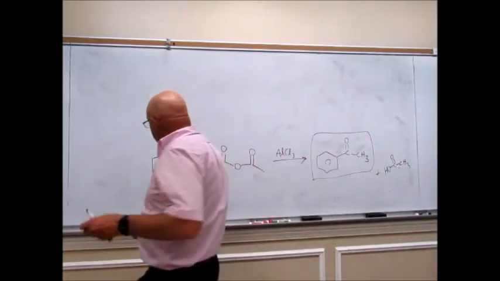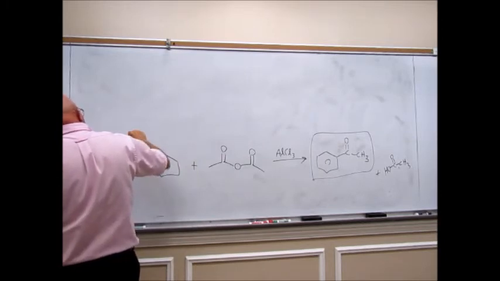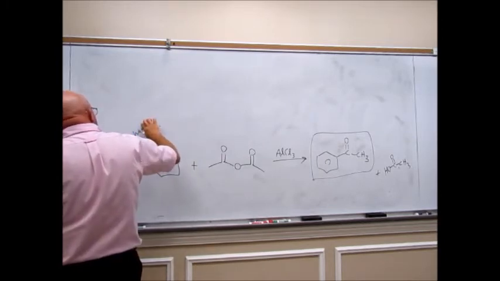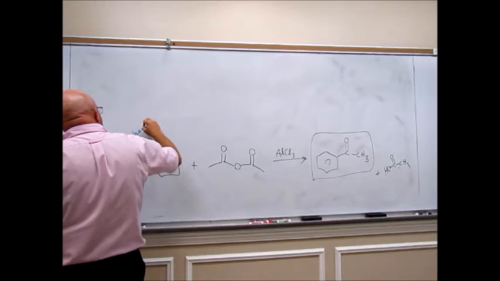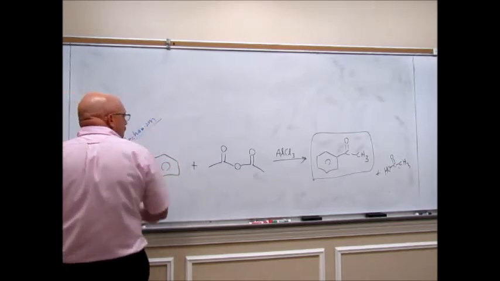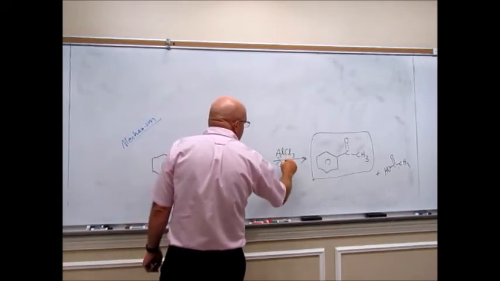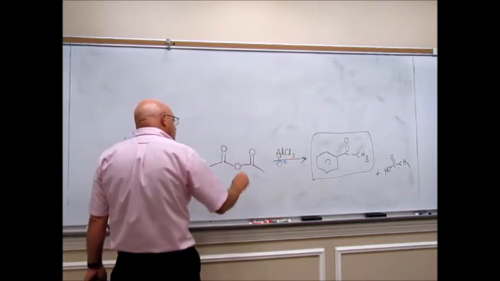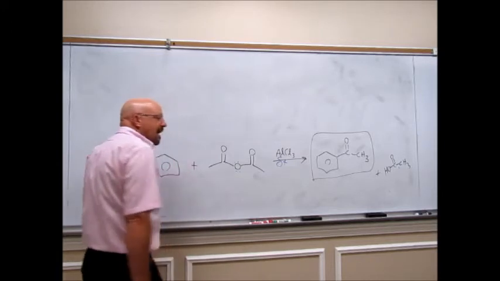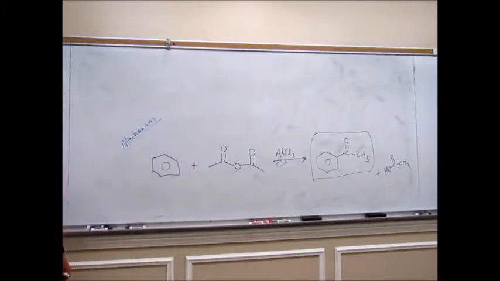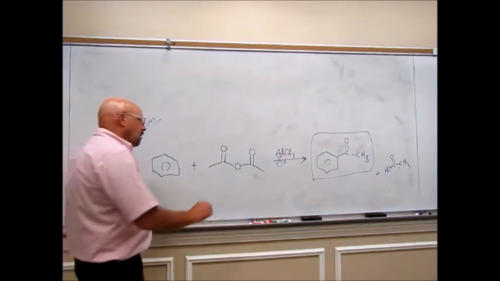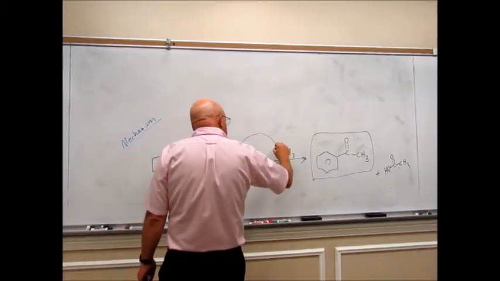First step of the mechanism, same as what we've been doing. We're going to give some electrons to that Lewis acid catalyst. There is a big partial positive charge on the aluminum. You're going to use the oxygen of the anhydride, the one right in the middle, and we're going to give a pair to the aluminum.